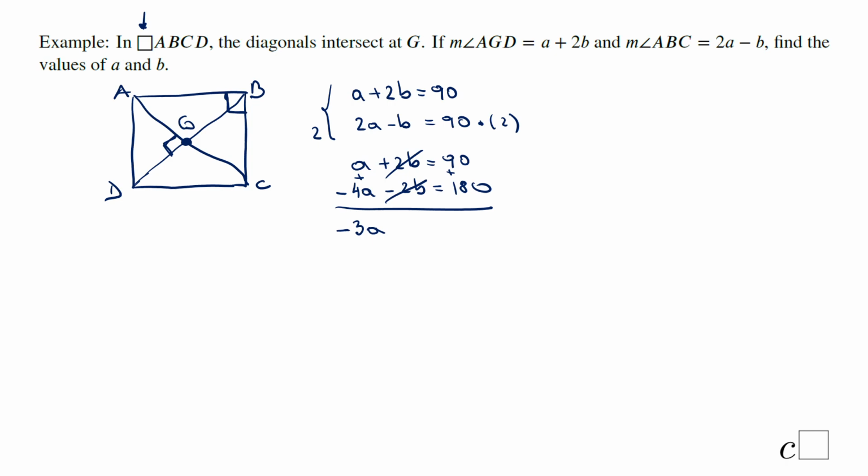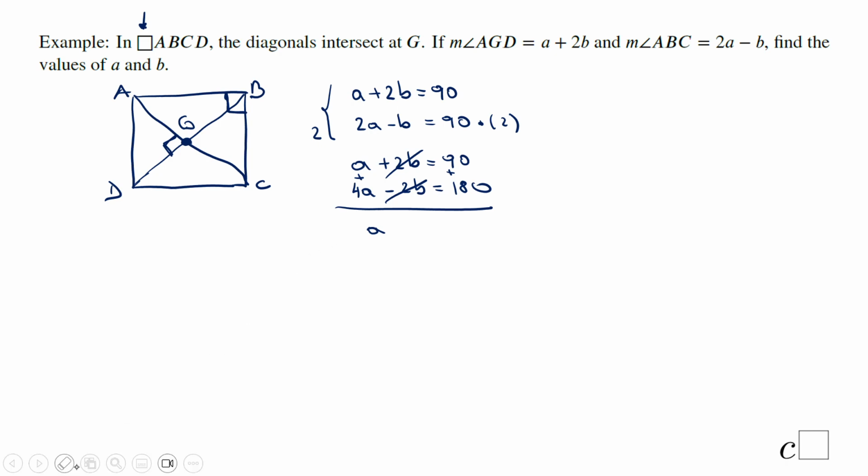Negative 3A equals, no, this is positive, right, it's positive for A, so we have 5A. Okay, not negative.